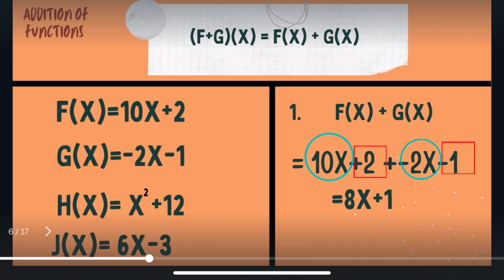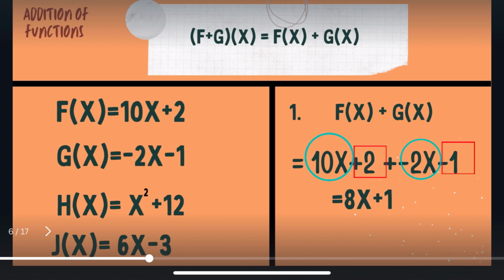In the first column you are going to see that every letter has its corresponding expression. f of x is equal to 10x plus 2, and g of x is equal to negative 2x minus 1. h of x is equal to x squared plus 12, and j of x is equal to 6x minus 3.